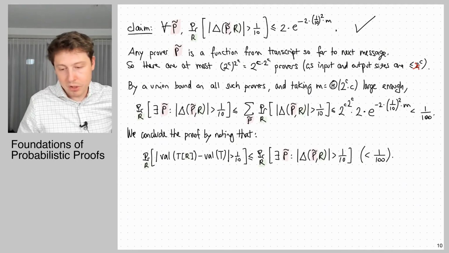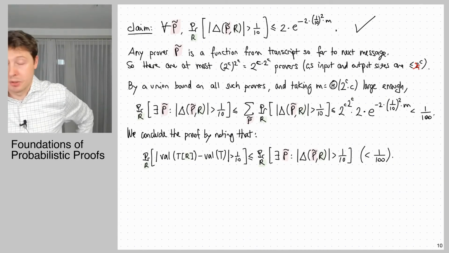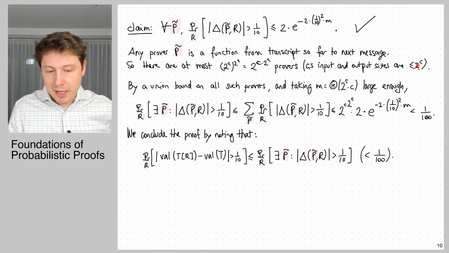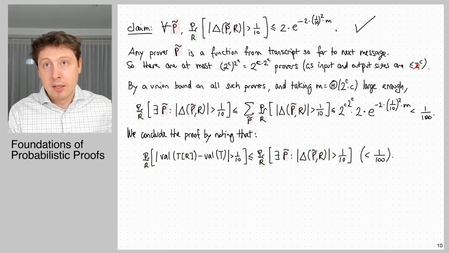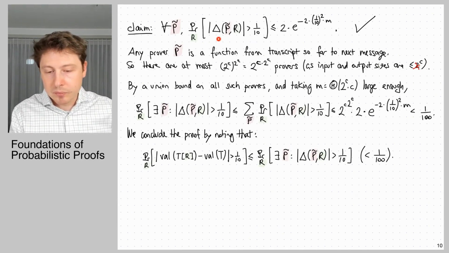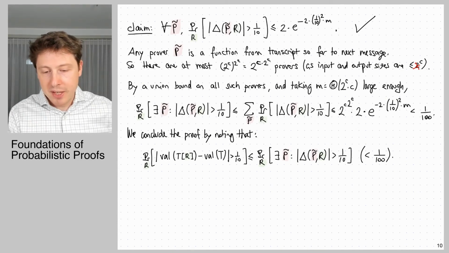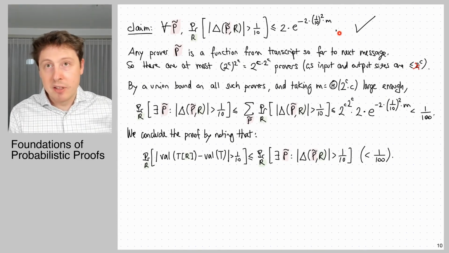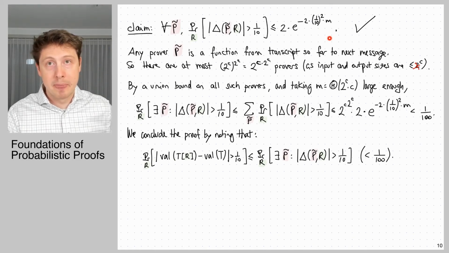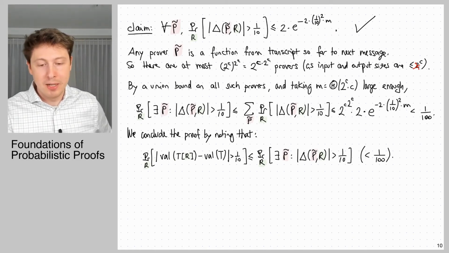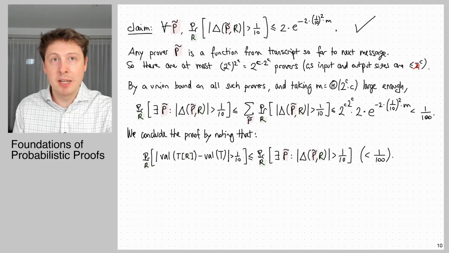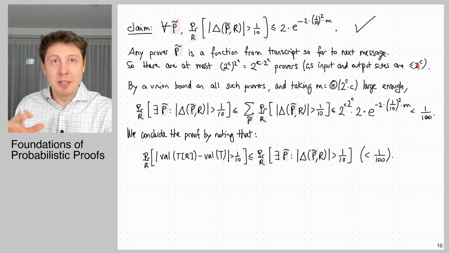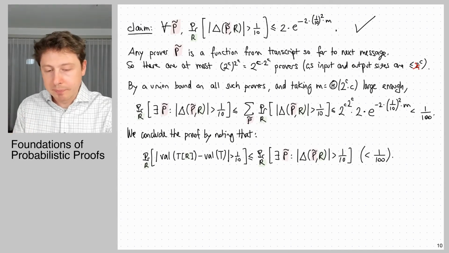Actually, before I do that, let me just stop again for questions. All I've done is that for a particular prover function, the probability that the sparsification for that prover is bad is very, very small, okay? So we're saying fix a particular prover, basically considering particular choices in the prover tree.